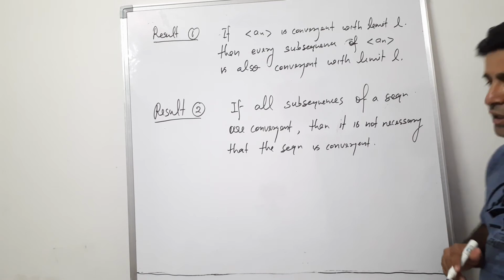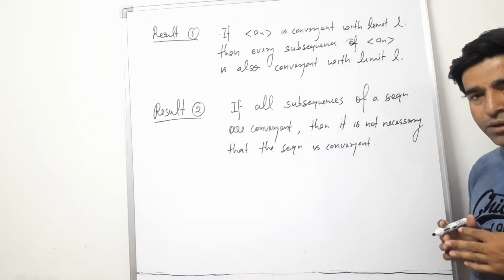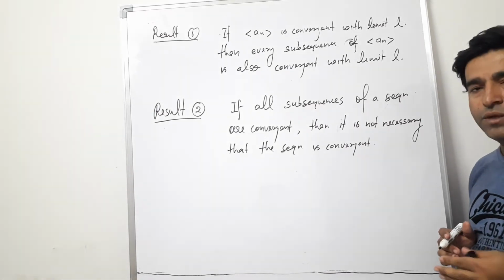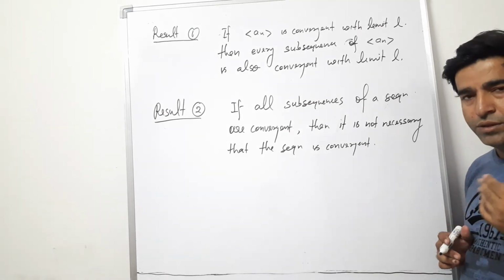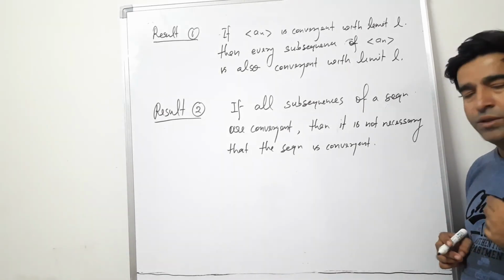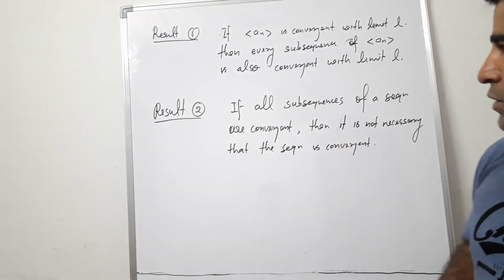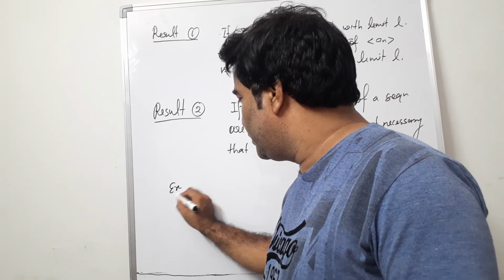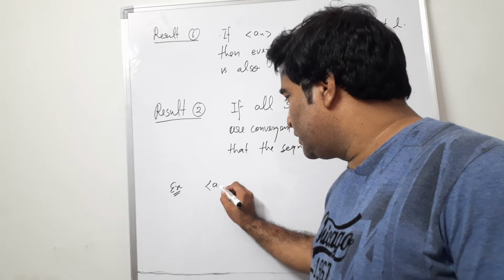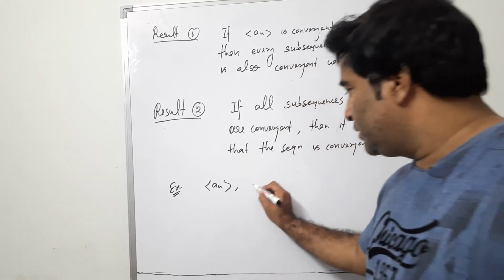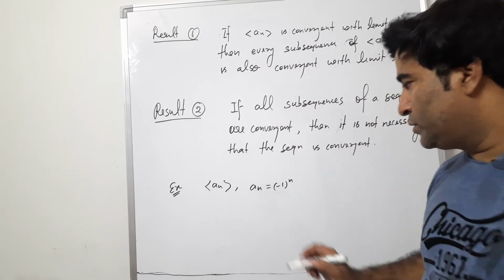Result number 2 says that if we have different subsequences of a given sequence, and suppose all these subsequences are convergent, it doesn't imply that the given sequence is convergent. For example, we take a sequence whose nth term is (-1)^n.